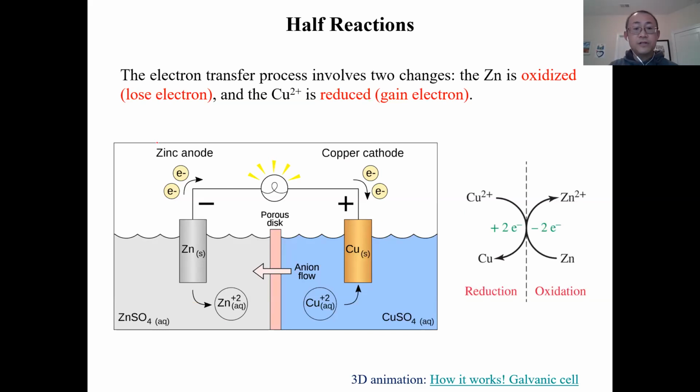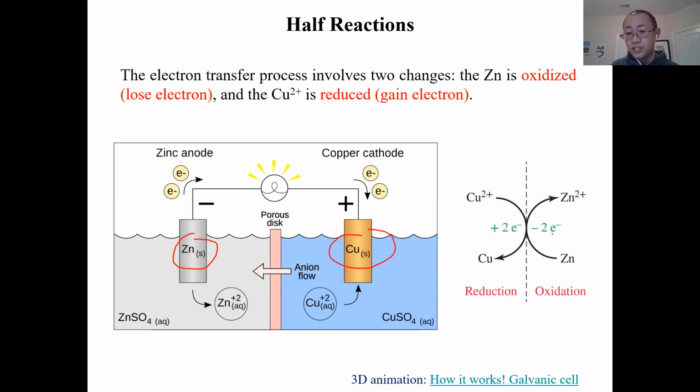First, as we mentioned, there are 2 metals in this lab galvanic cell. One metal is a zinc metal, another metal is copper metal. They're both immersed in their solutions. Now, for zinc metal, when zinc metal and copper metal are connected, the zinc metal will lose electrons.